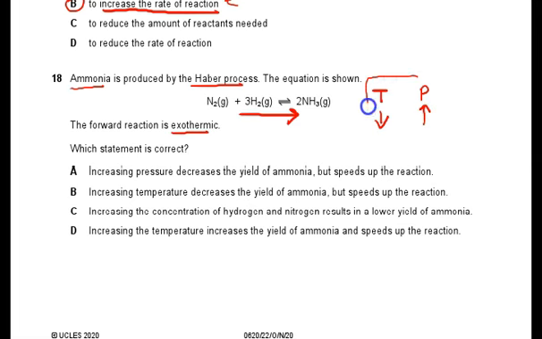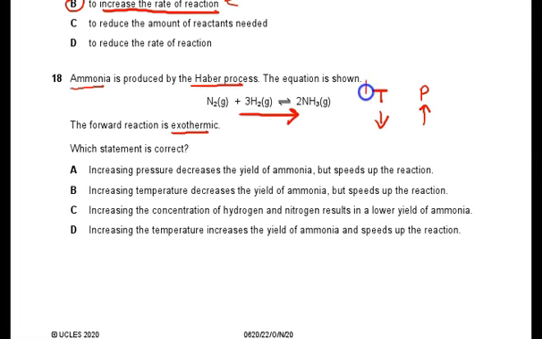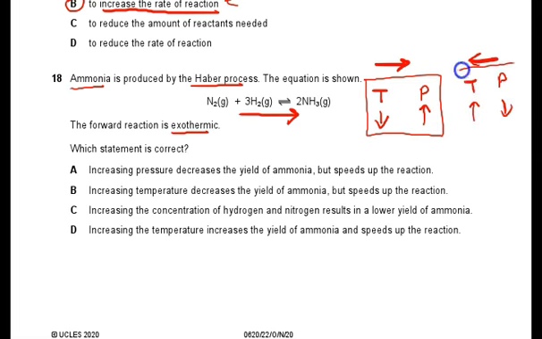If we do the opposite, it will move the equilibrium to the left. So now let us go through one by one here. This one is going to the right. If it's going to the left, the temperature will be increased and the pressure will be reduced.